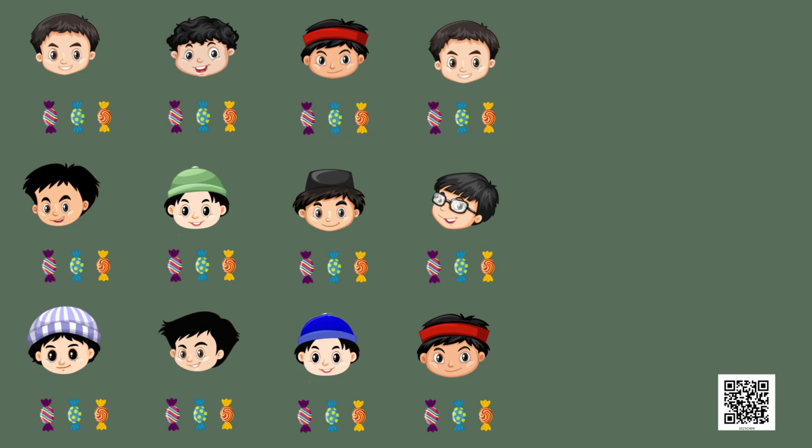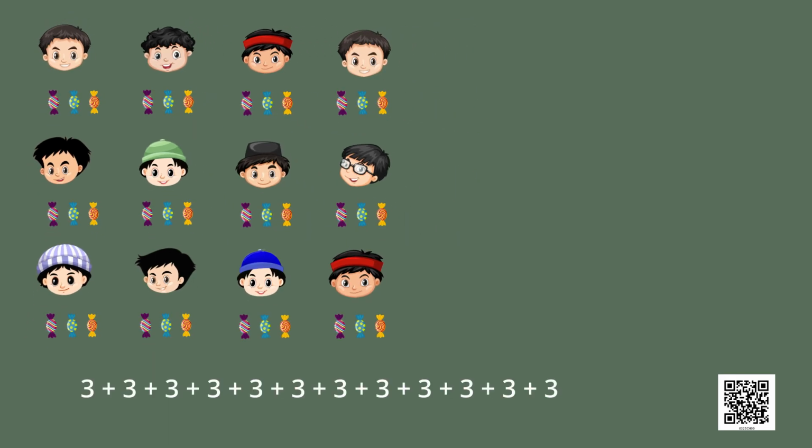See, each child gets 3 toffees. So 12 children will get 3 plus 3 plus 3 plus 3 plus 3 plus 3 plus 3 plus 3 plus 3 plus 3 plus 3 plus 3, and if we add them together, this will be equal to 36 toffees.